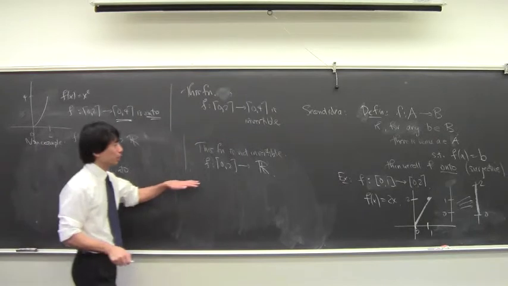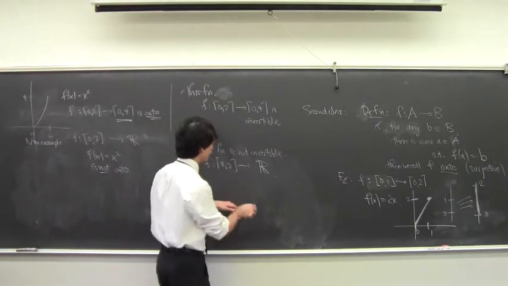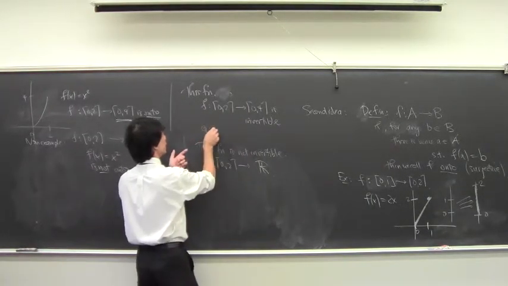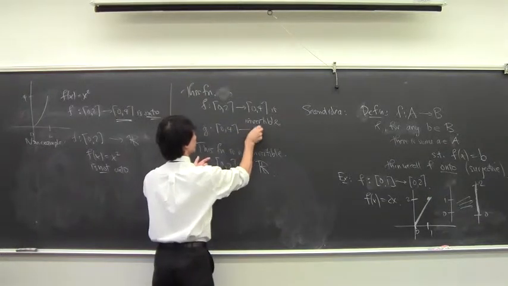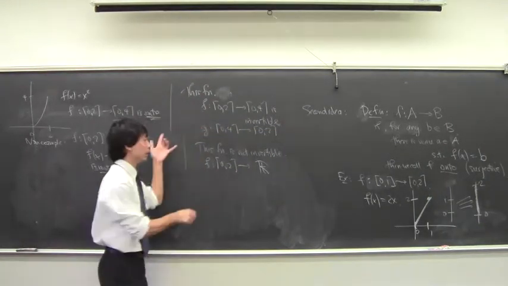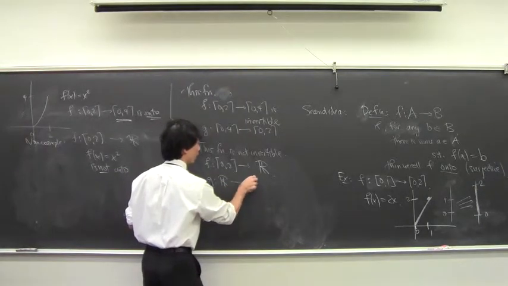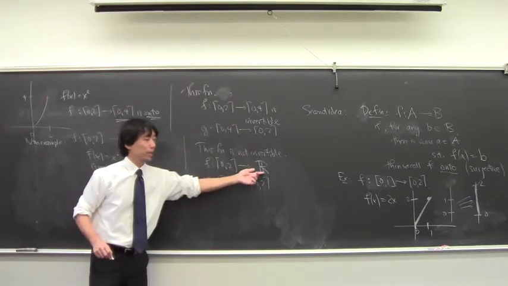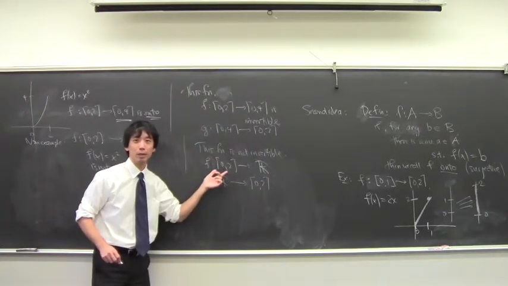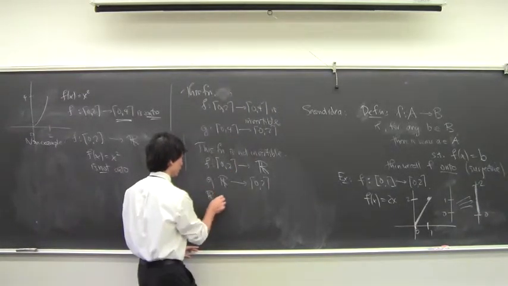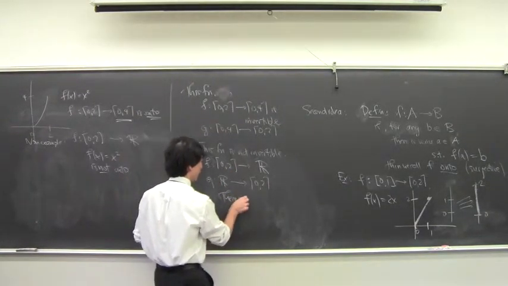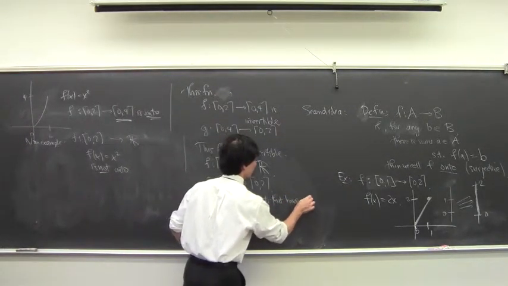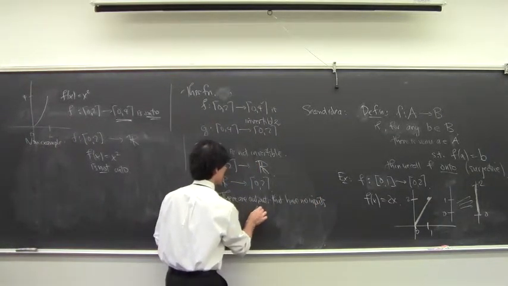The reason is that here you can find a function g going from (0, 4) back to (0, 2), which acts as the inverse function. But here you can't find any function from R going back to (0, 2), because there are outputs that have no inputs corresponding to them.